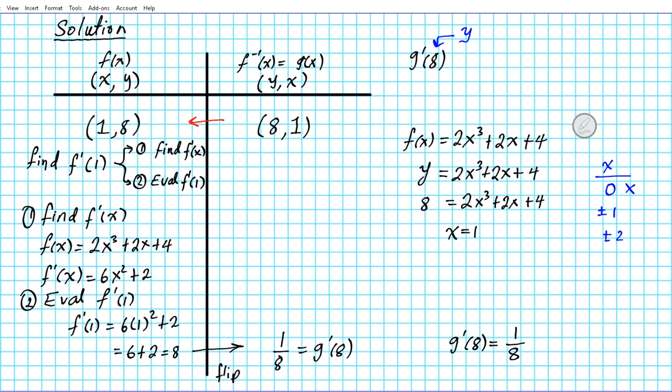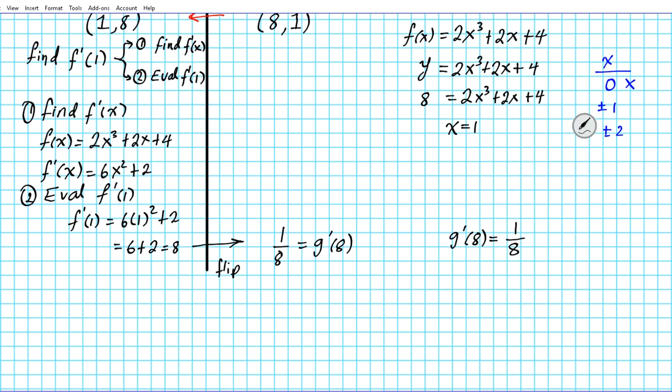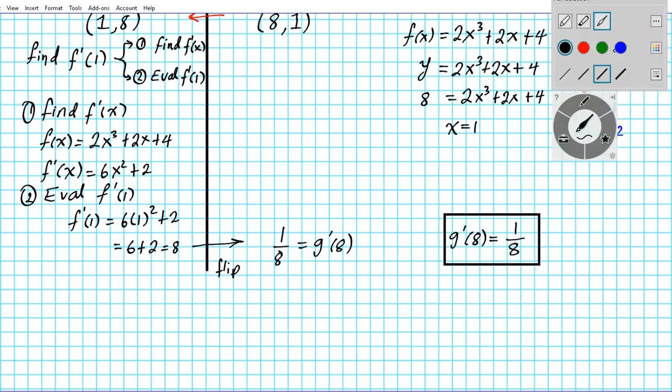Alright, so what did we just do? This is the answer that we have. What we just did is we basically utilized the formula for finding the derivative of inverses. Okay, we just broke it down. So let's take a look at the formula, and then you can see the connection.